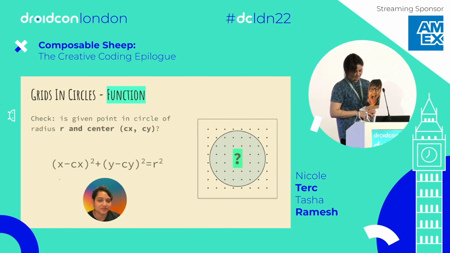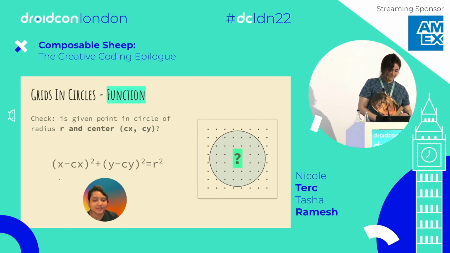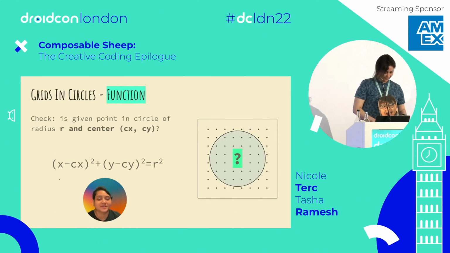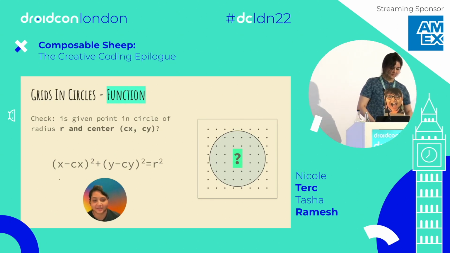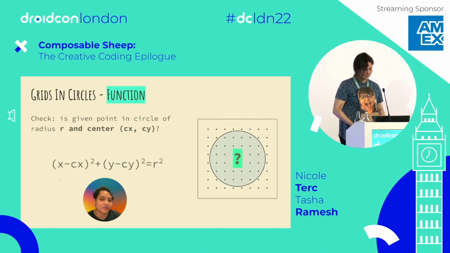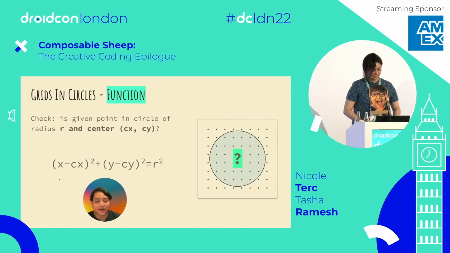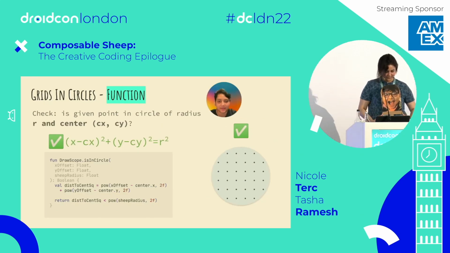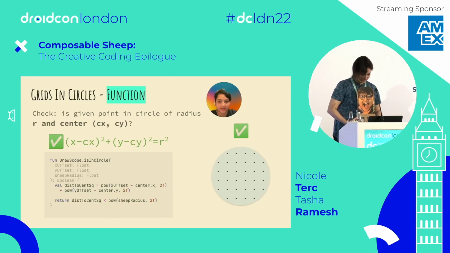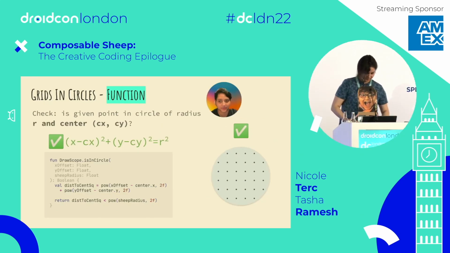And we can essentially use this formula while drawing our grid so that we only draw the points that fall within a particular circle that has a radius and a center. Here the radius would be the size of the sheep's body, and the center would be essentially the center of our canvas where our sheep is centered. Theoretically, if we did apply this function, we'd be able to cut out a circular grid from the square one.